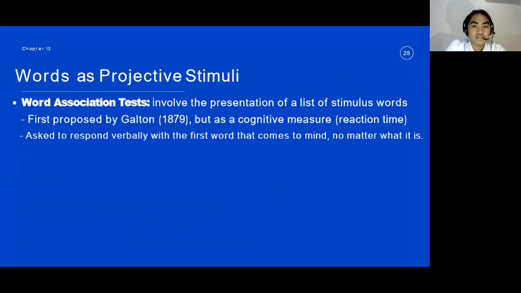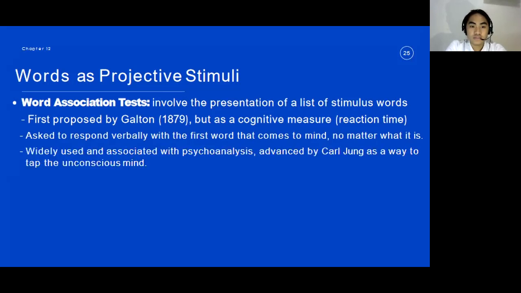So, you're asked to respond verbally with the first word that comes to mind, no matter what it is. Initially I'm going to toss you some softball questions to lull you into a false sense of security and then hit you with something to try and tap your unconscious mind.